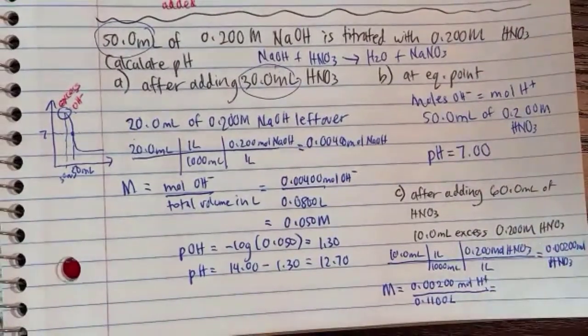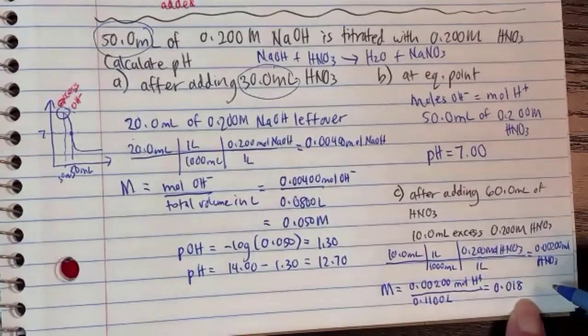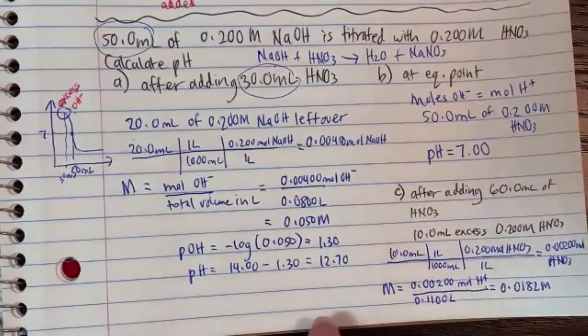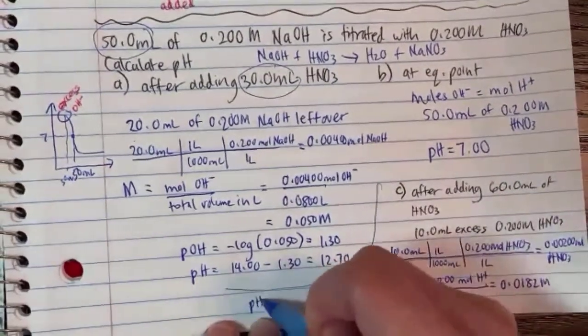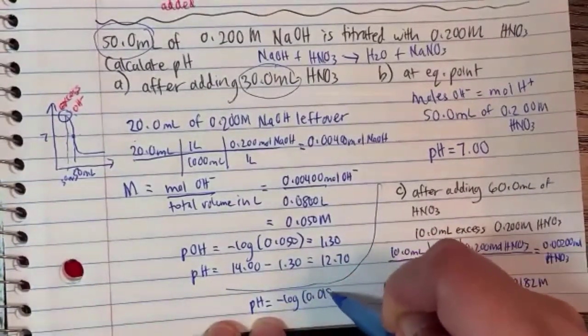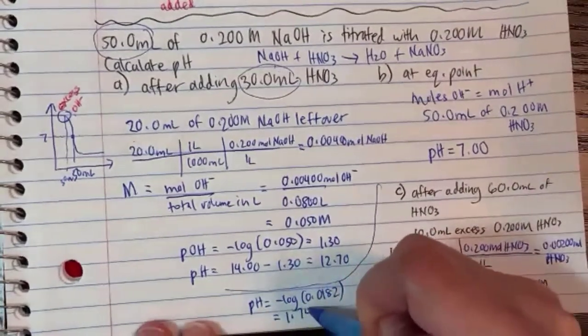So let's see what the molarity comes out to be. 0.018. We keep 0.0182. And then to get your pH, the pH is minus log of this guy. 1.74.